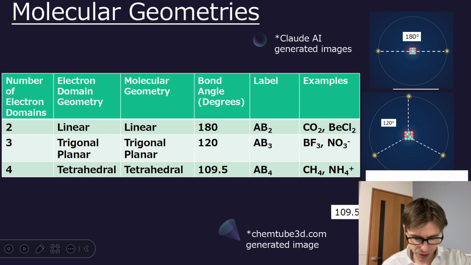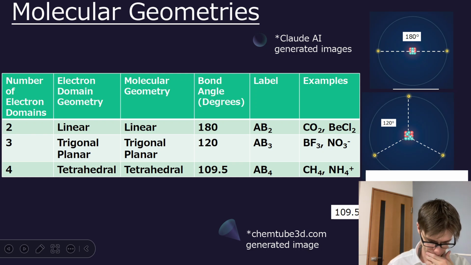So bond angle 180 degrees. We can label this with an AB system as well. So AB2 means you have a central atom A. It has 2 domains attached. B2, these are bonding domains. That's what B stands for. So some examples of this would be CO2, carbon dioxide, beryllium chloride, BeCl2.